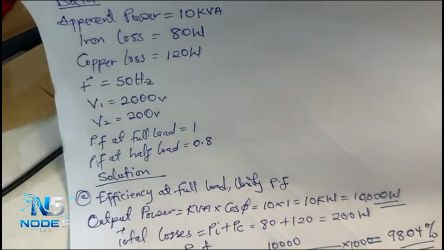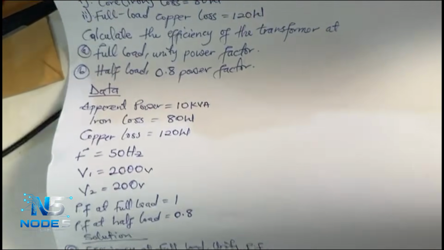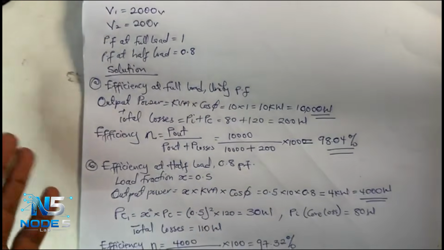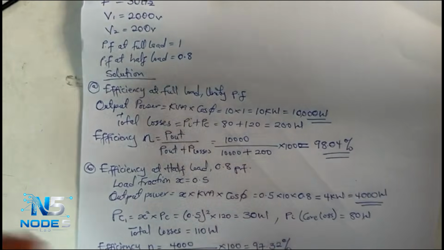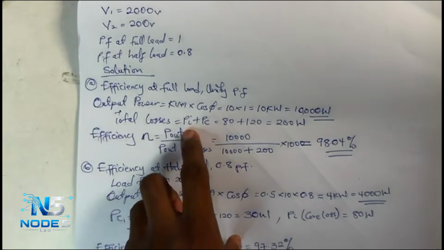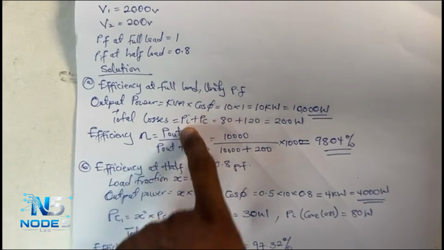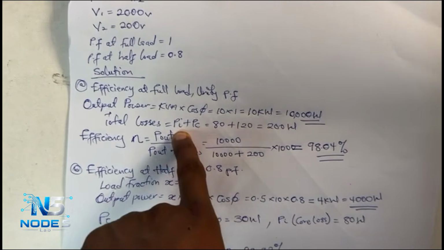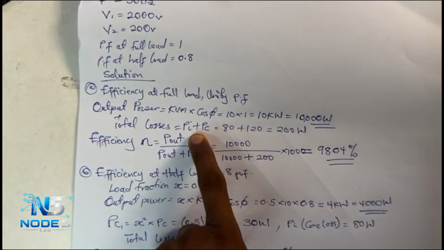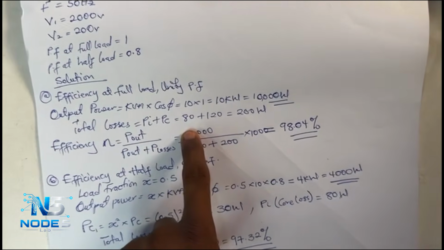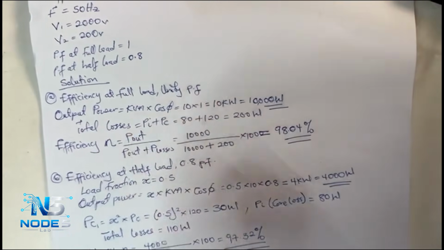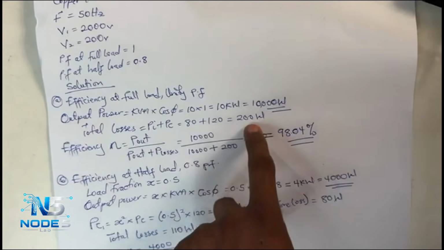Let's find the total losses also. The total losses is equal to the losses of the iron, that's the core losses, plus the copper losses. That's going to give you 80 plus 120, so the total losses is equal to 200.